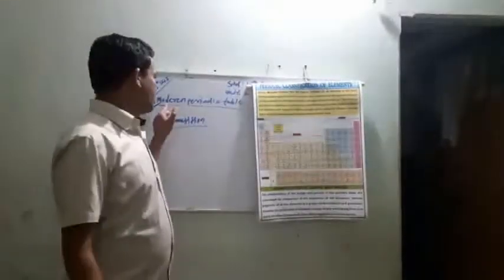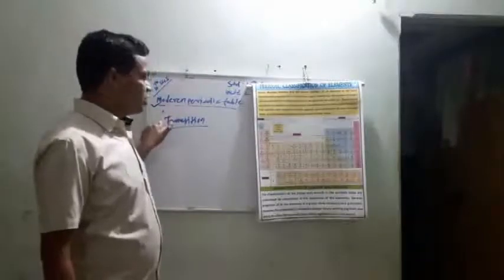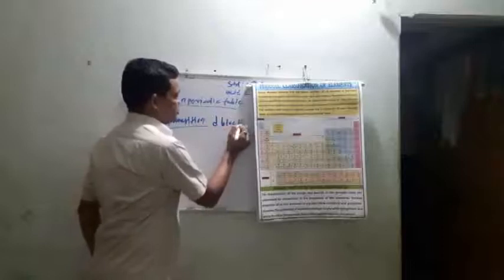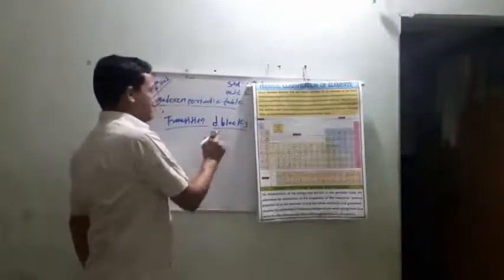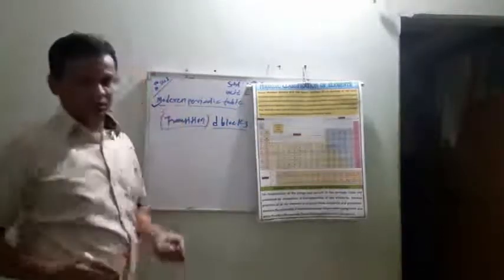So D block elements are called transition elements.